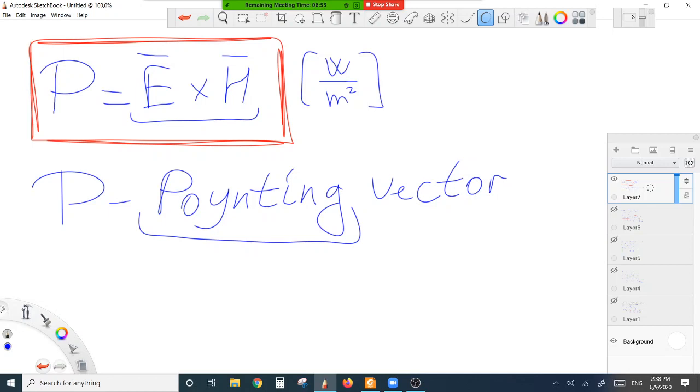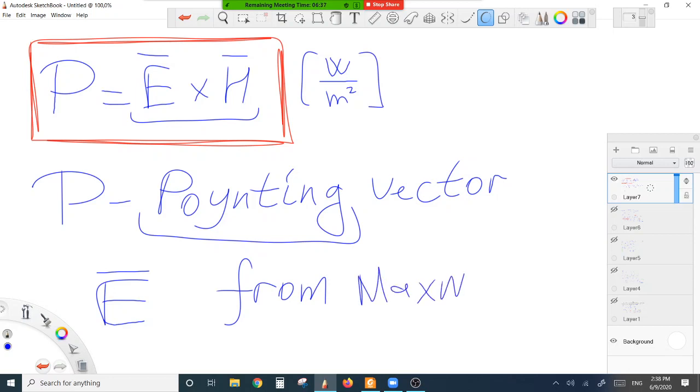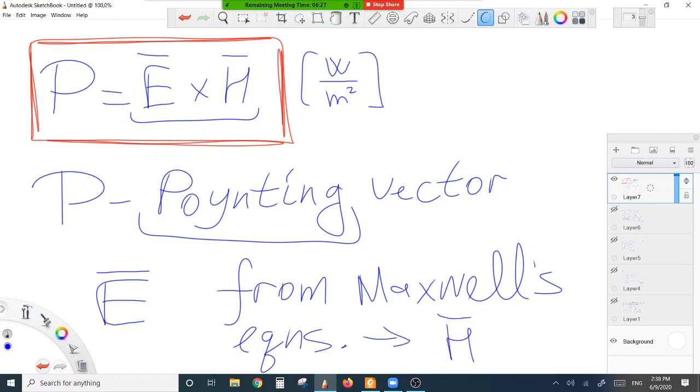We already know that if the electric field intensity E is known, from the proper Maxwell equations we can find the magnetic field intensity as well.